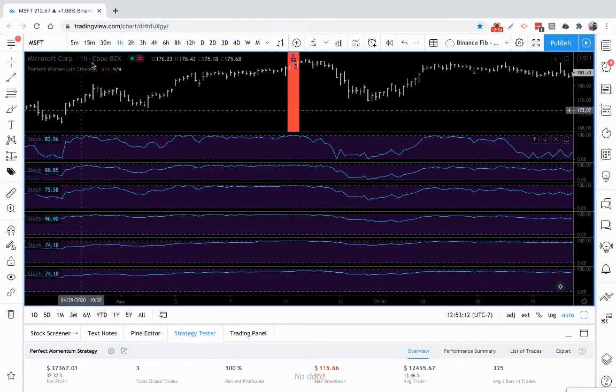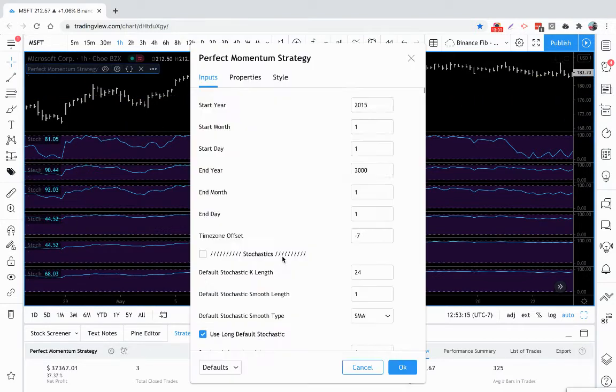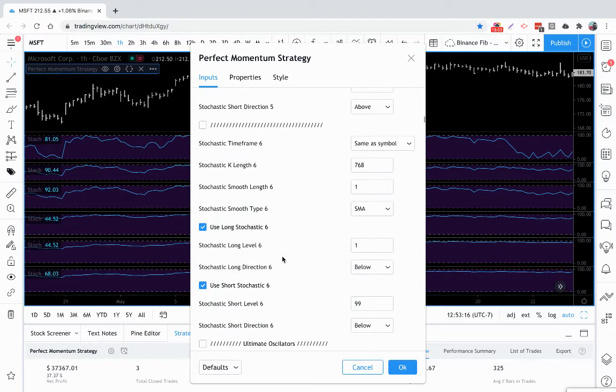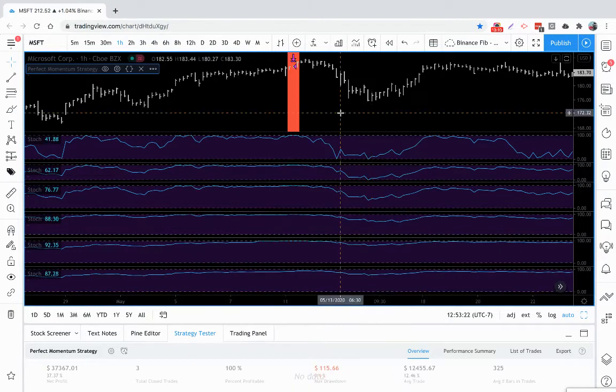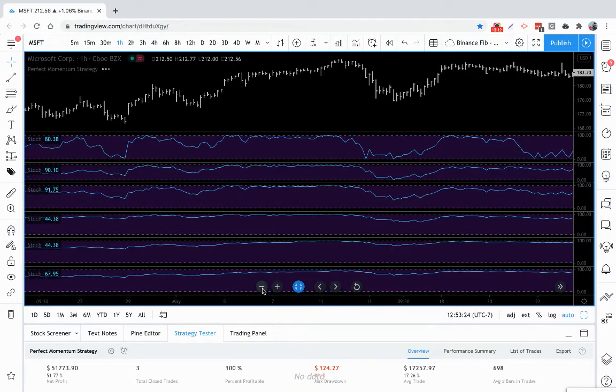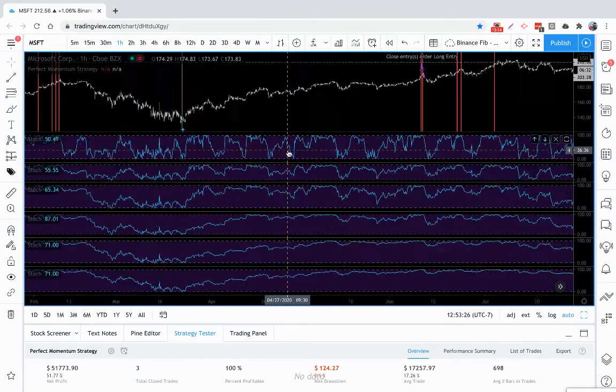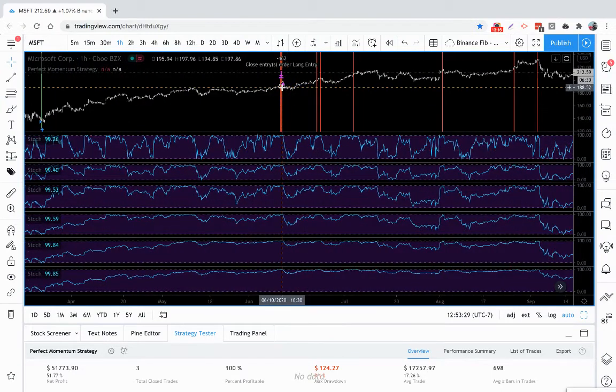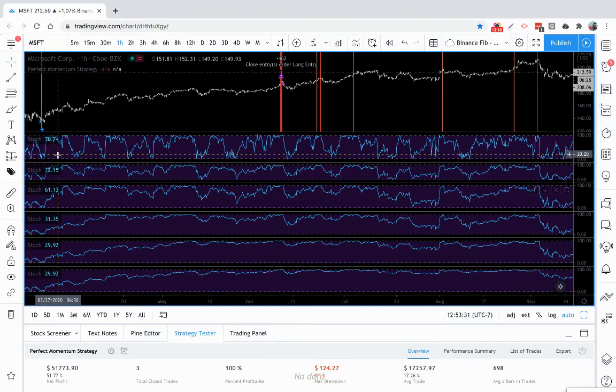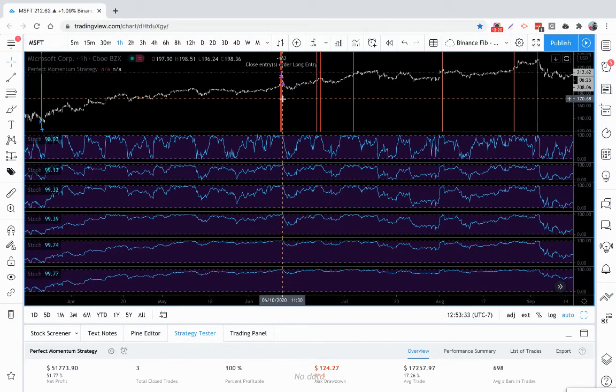See what I have set for the last stochastic, above 99. Okay. There we go. So here's our exit over here, and you can see on all these values, the stochastic did reach above 99.